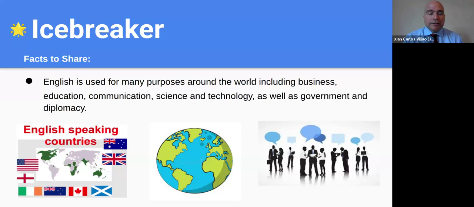Business, if you're a salesperson, international business is also very popular. Education, students from all around the world want to come here to the United States to study a college education. Very popular place to come to pursue a college education is here in the United States. So in order to enroll in a university, obviously you have to know English, and not just any English.